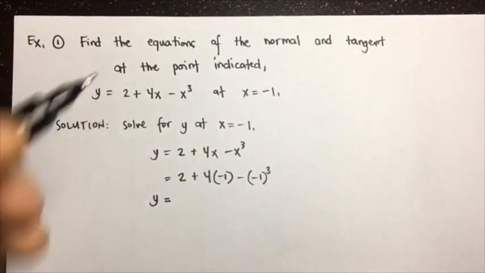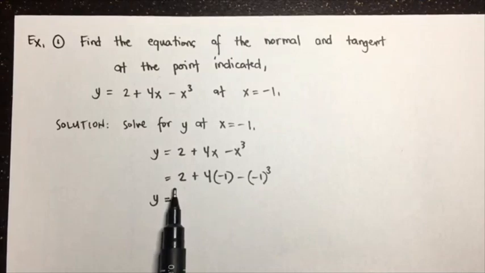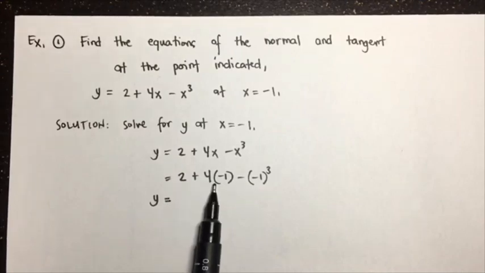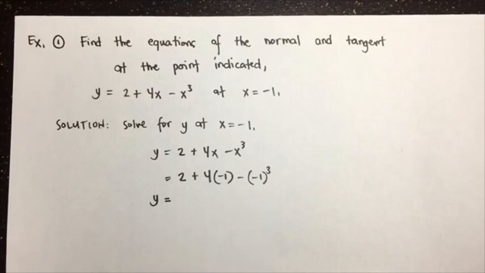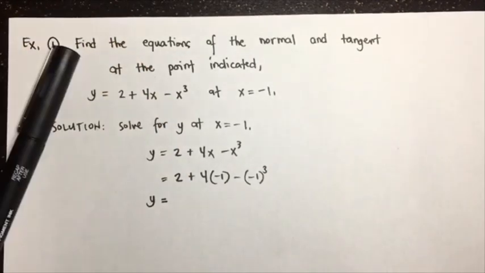That should give us 2 minus 4 plus 1. So that is negative 1, I think. Wait, I'll check using my calculator. But I think it's negative 1.